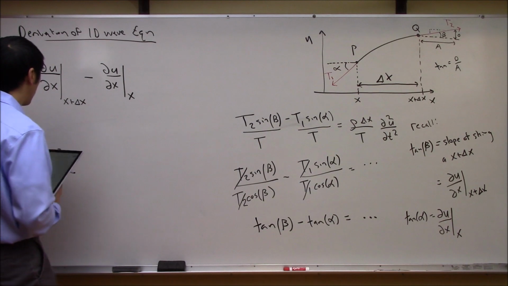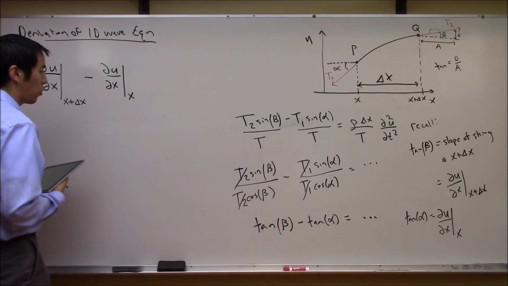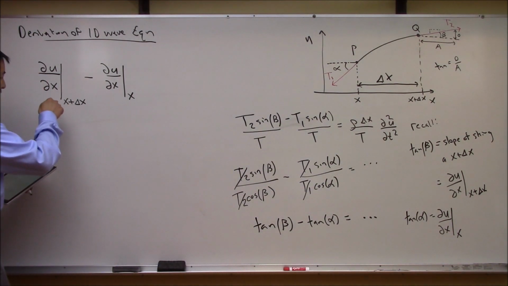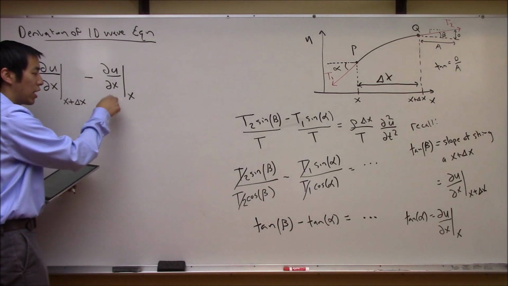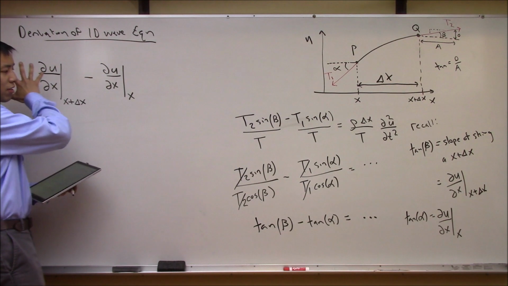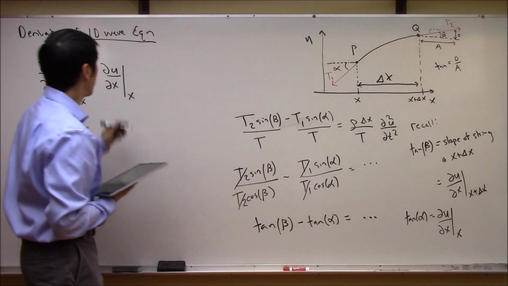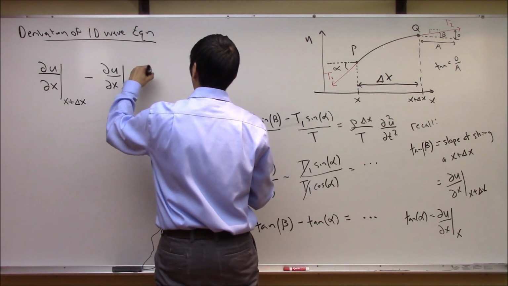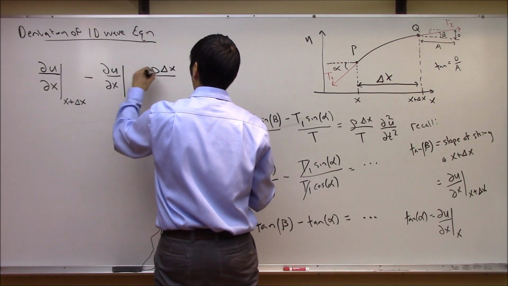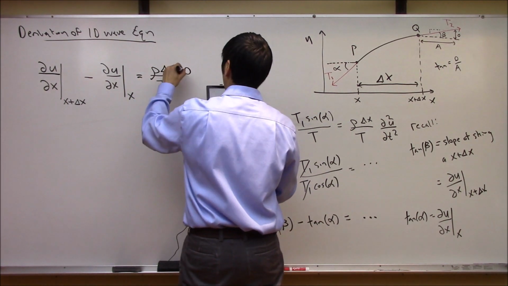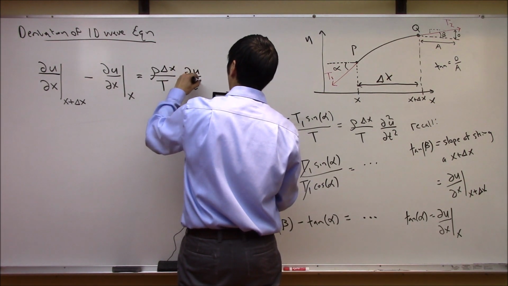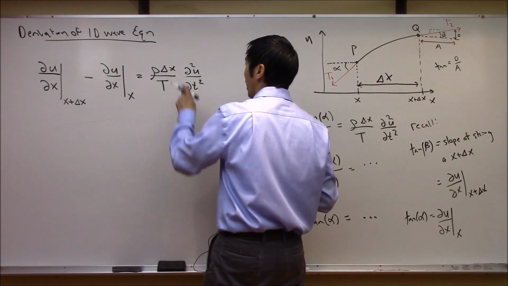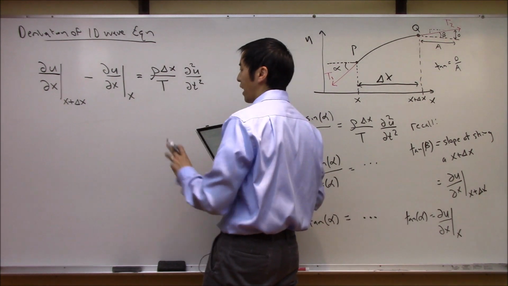I don't mean to belabor the point, but I want to make sure we're on the same page: this is the same thing as tangent beta, and this is the same thing as tangent alpha. The left-hand side is now equal to rho delta x over T times the second partial of u with respect to t. Let's divide through by delta x and move that to the other side.